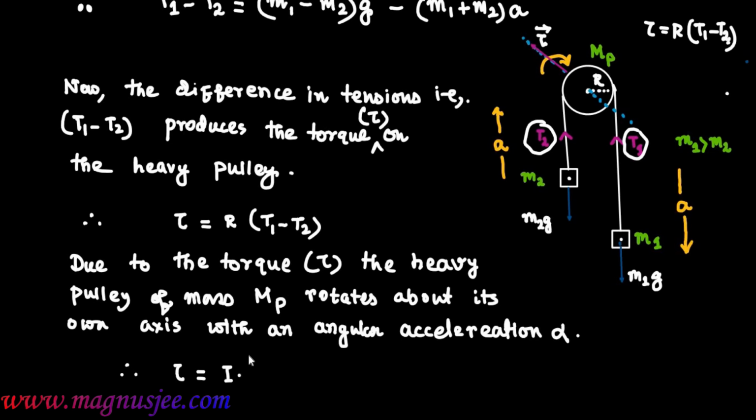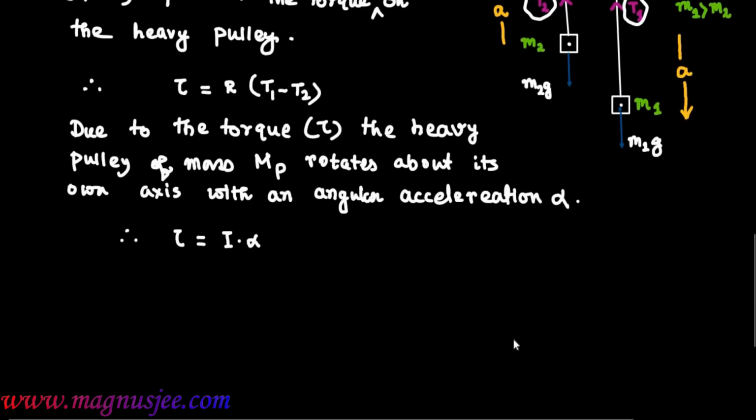Therefore, tau equals I alpha, so tau equals I a by r.